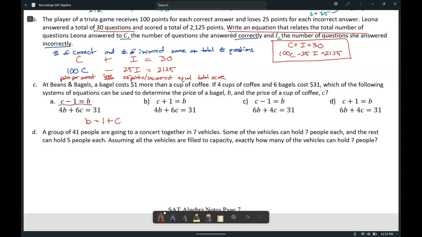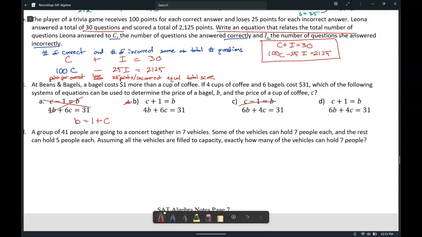So a bagel is actually cheaper than a cup of coffee, and that's not going to work for us, so we can eliminate that one. Here we have coffee plus $1 equals bagel, so that could be one of our options. Again, this one is decreasing the price of coffee, so that's not going to match it. And then we have, again, the addition. So either of these could be our answer.